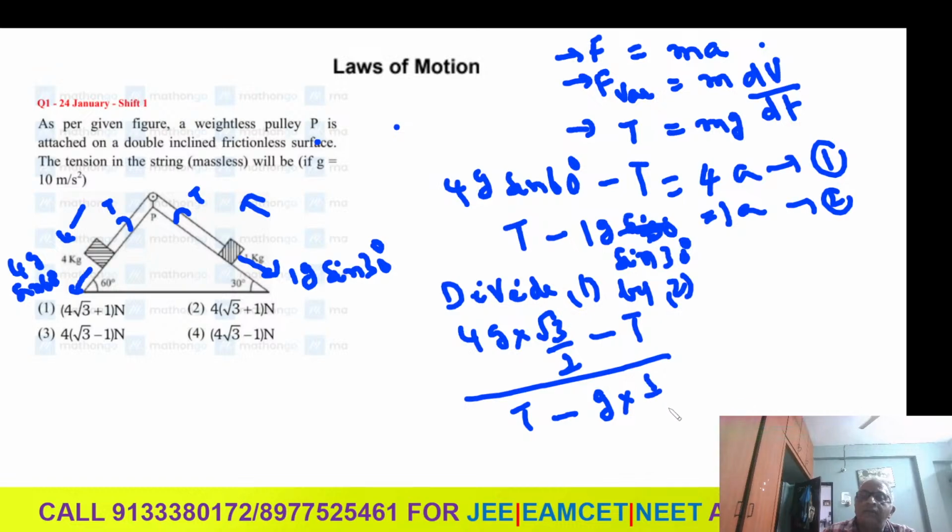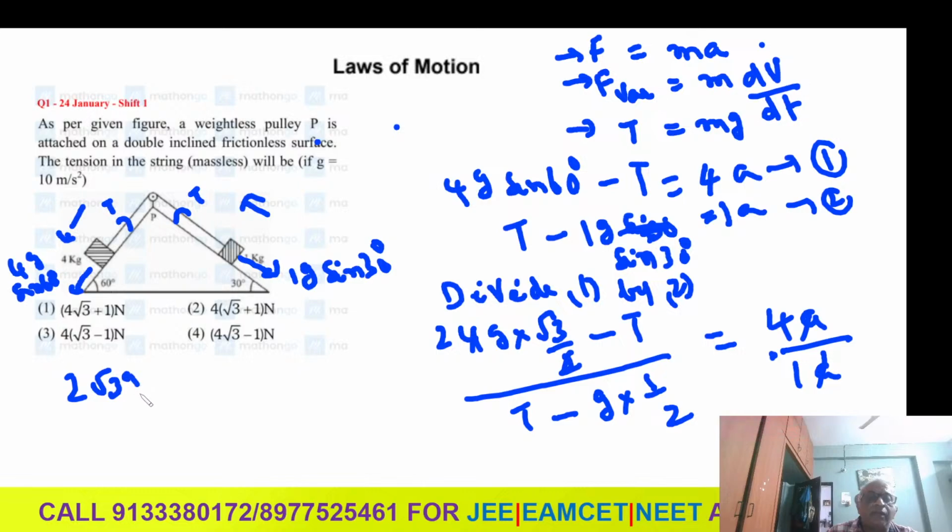T minus g by 2 is equal to 4a by 1a. A gets cancelled. So the 2 gets cancelled here. So what will happen? 2 root 3g minus tension, divided by tension minus g by 2, is equal to 4 by 1.